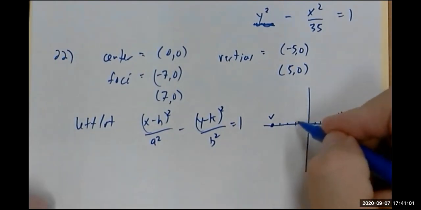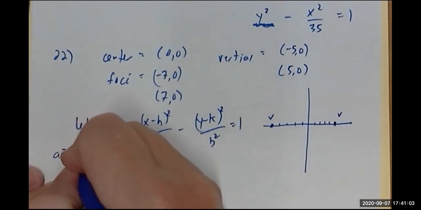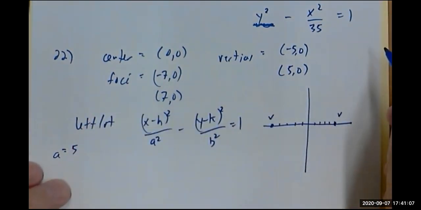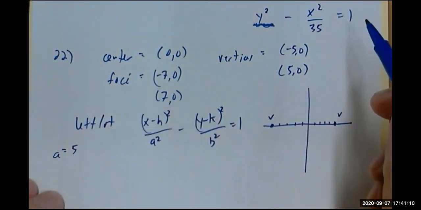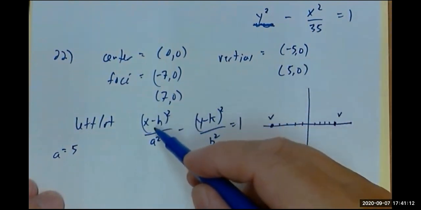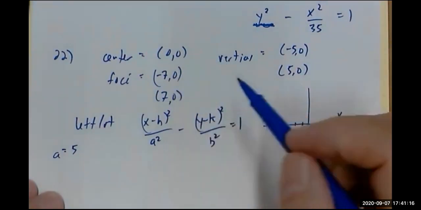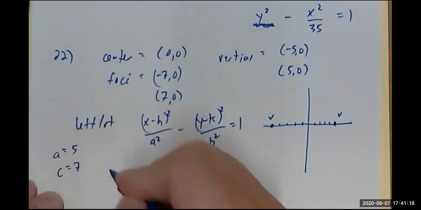So I know A is 5. I know the center is 0, 0. I need to know B. I don't know B, but I know C, because C is 7.